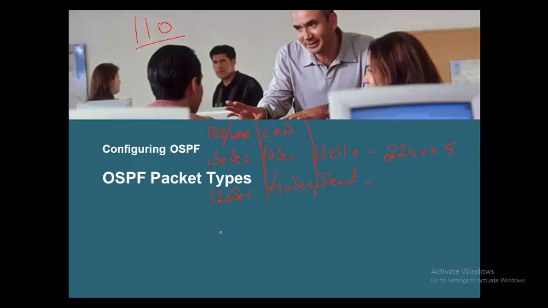What comes first is the hello packet, which is one of the packet types in OSPF. First of all, two routers should form neighbors. Only after that can they share the database. So first comes the hello packet, not LSA.